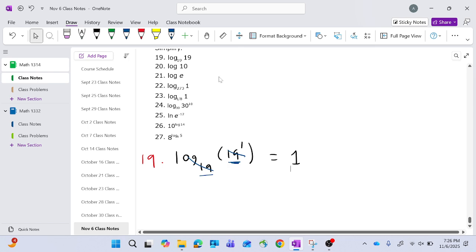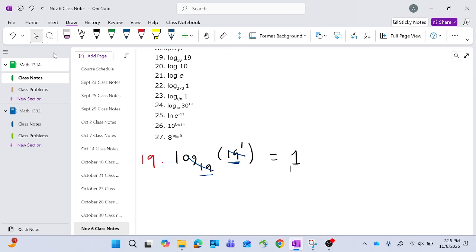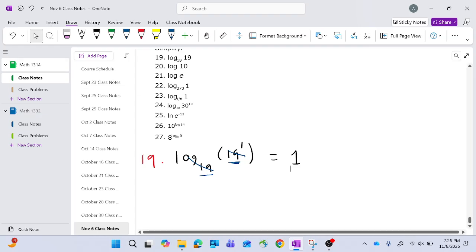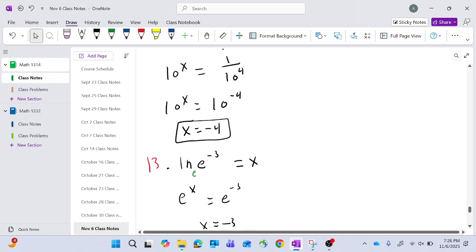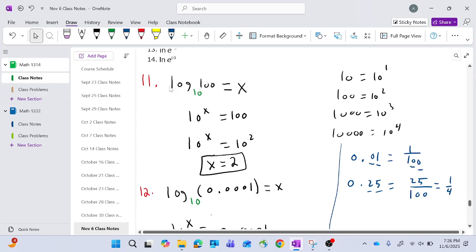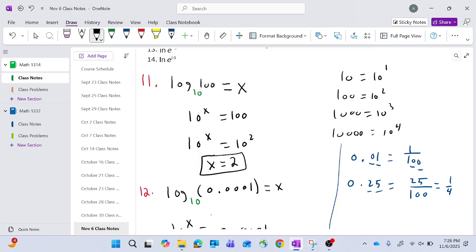We'll write this down. I'm going to show you what we did before. Maybe it'll click a little bit better. Do you have this written down? So if you go back here, let's look at number 11. Well, we have log base 10 of 100, right? Isn't 100 10 squared? So we have log base 10 of 10 squared, right? Well, these cancel out and you're left with 2.